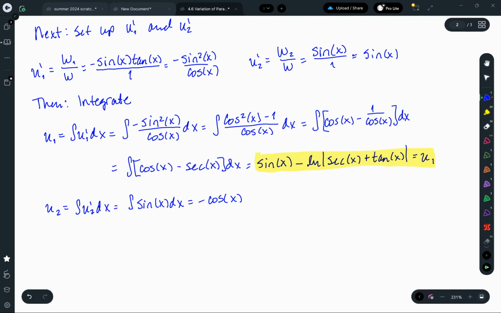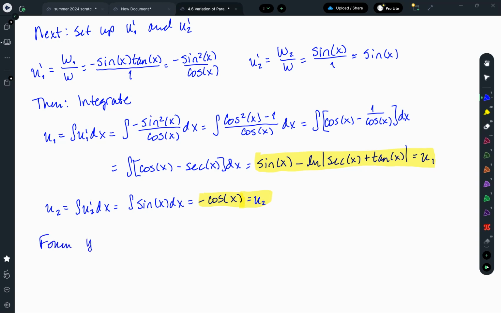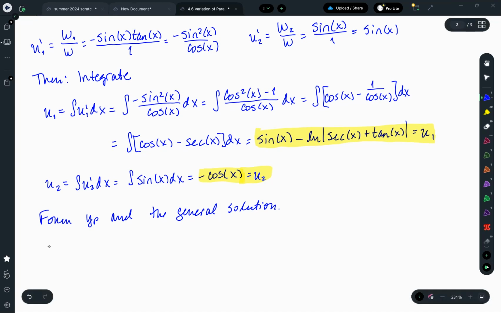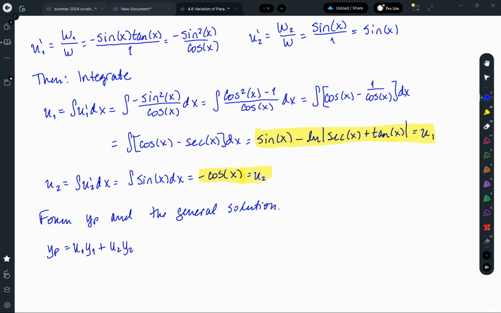So now we put everything together. We've got this minus cosine for u2, and now we can form y sub p and the general solution. So y sub p is equal to u1 y1 plus u2 y2. y1 was cosine, y2 was sine.